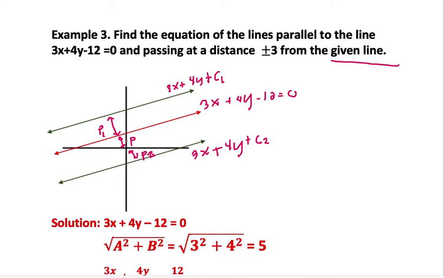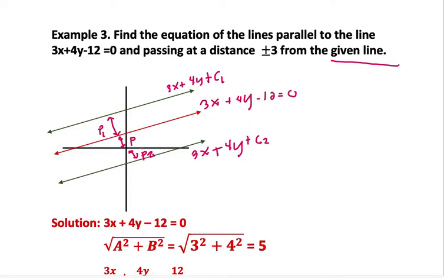Okay, so in other words, I am going to add P sub 1 plus P in order to give the distance from 3x plus 4y plus C sub 1 from the origin. On the other hand, I am going to add P plus P sub 2 in order to identify the distance of 3x plus 4y plus C from 3x plus 4y minus 12.